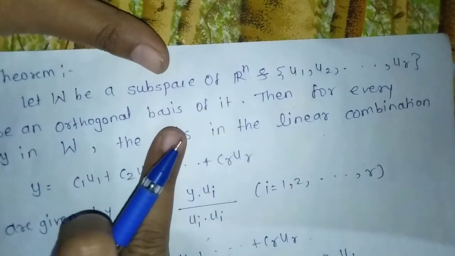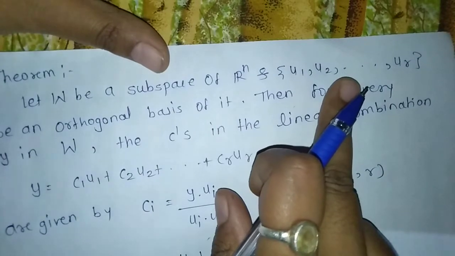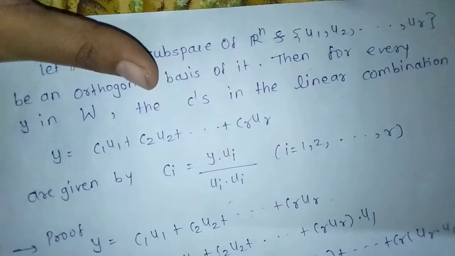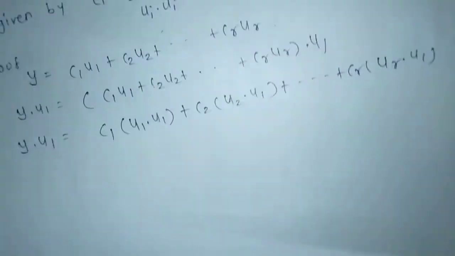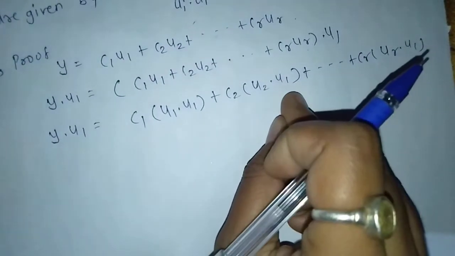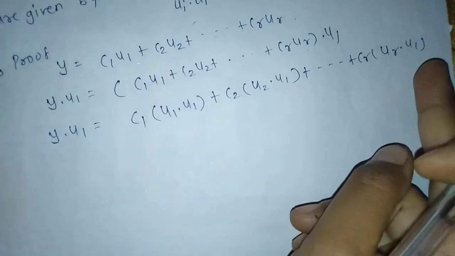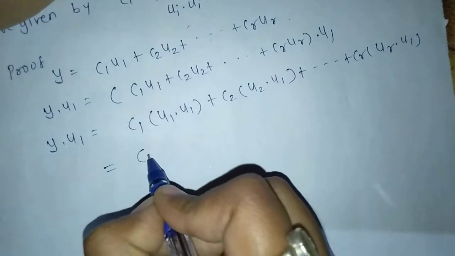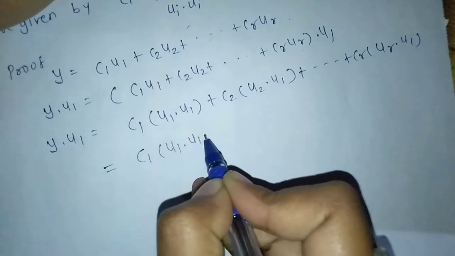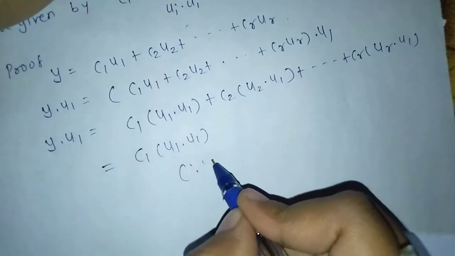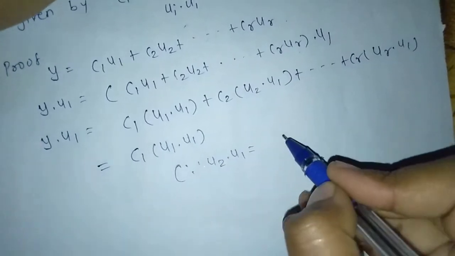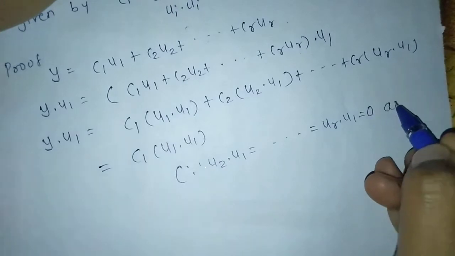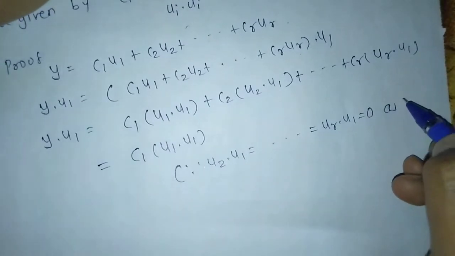Orthogonal basis means first of all that it is an orthogonal set, which means Ui dot Uj is equal to 0 whenever i is not equal to j. Here U2 dot U1 is equal to 0 and so on UR dot U1 is equal to 0. So here we get only C1 U1 dot U1.